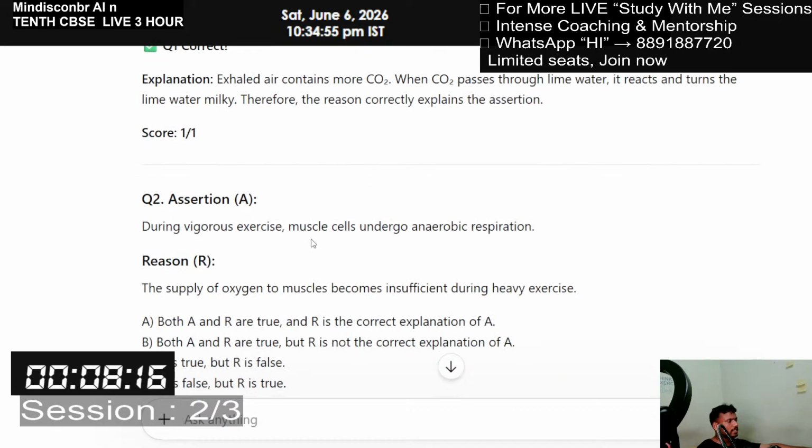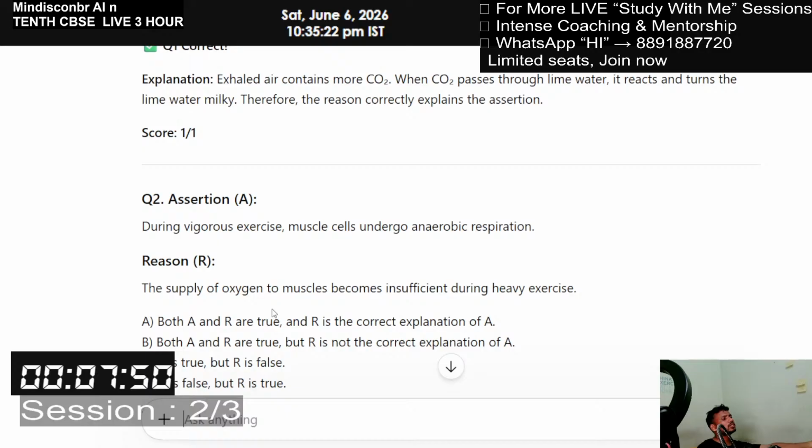Assertion: during vigorous exercise, muscle cells undergo anaerobic respiration.